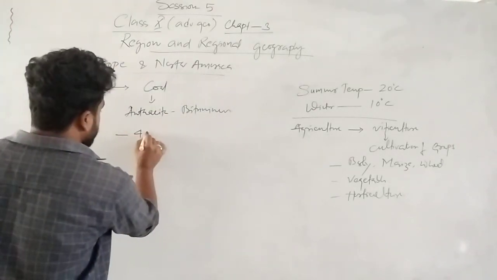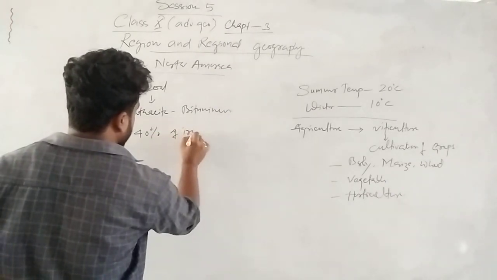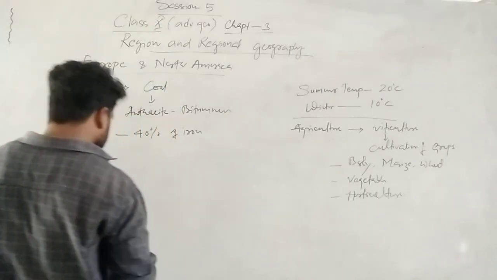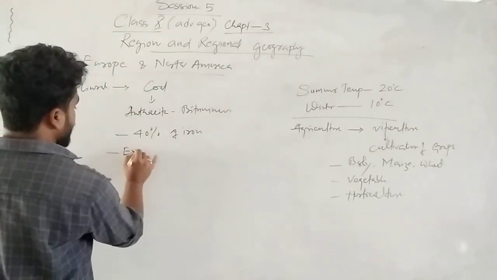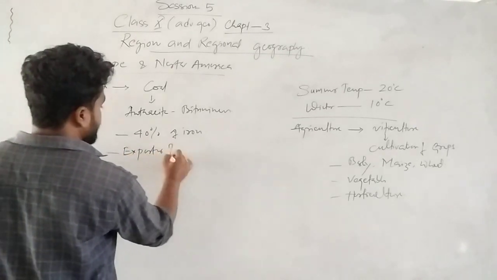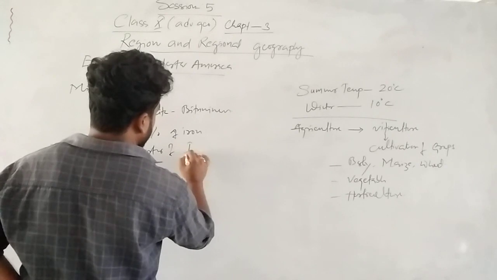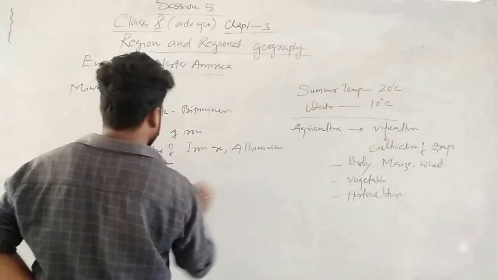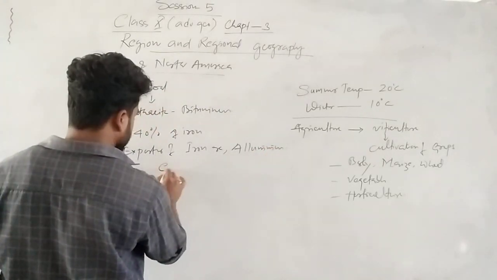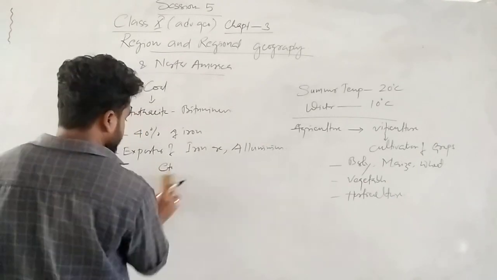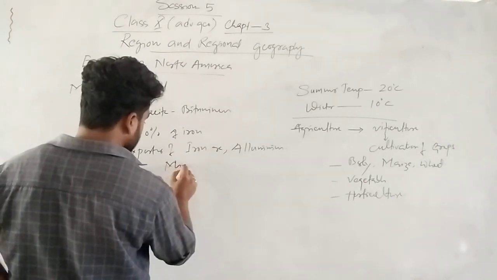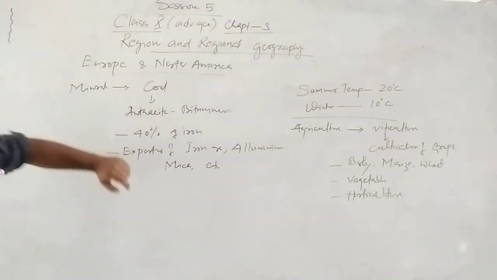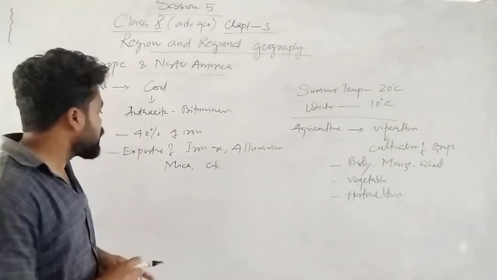And Europe gives 40% of iron of the total production. So apart from this, Europe is the most important exporter of iron ore, aluminium, etc. Mica, etc. Okay. So regarding these minerals, nothing more is there. Just 40% of the iron they produce, and these are the main exporter.